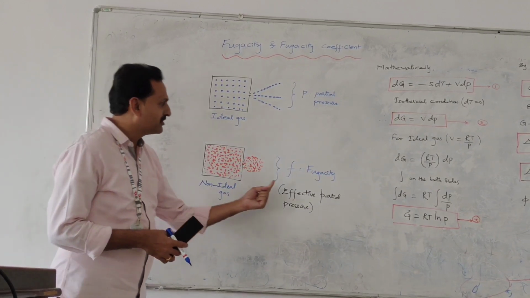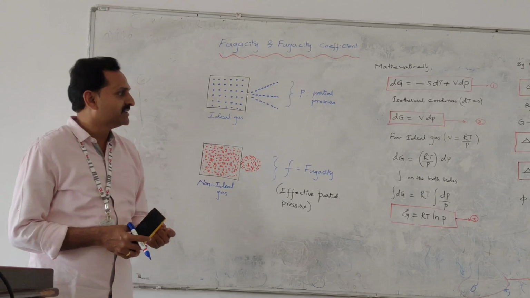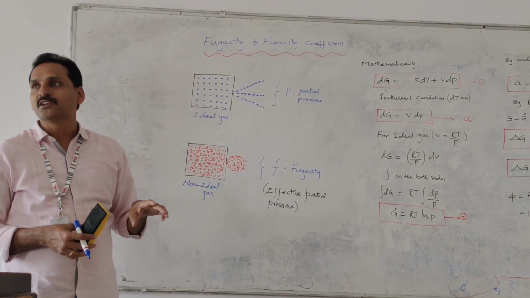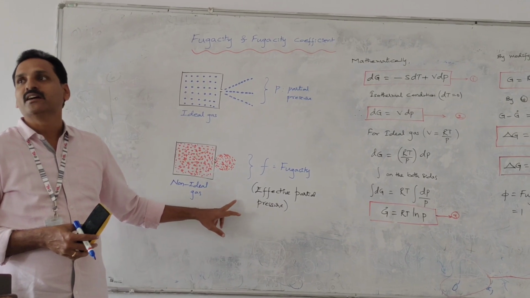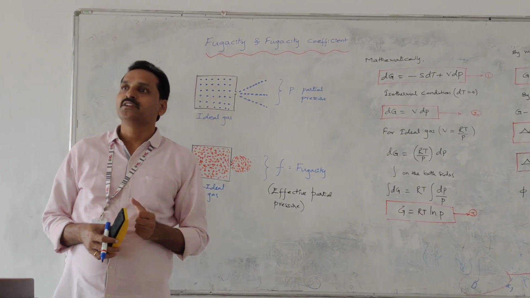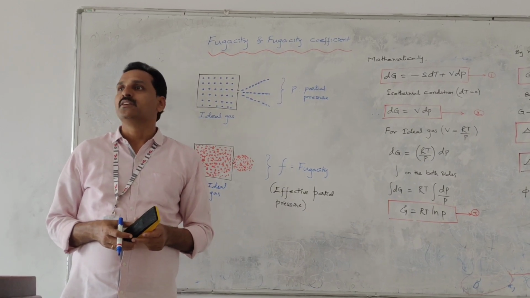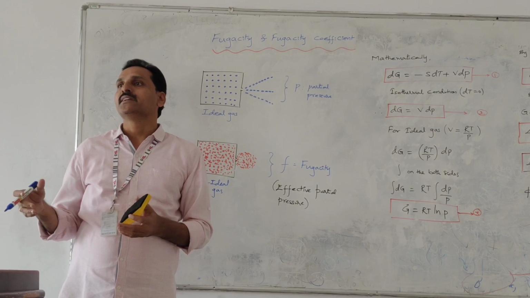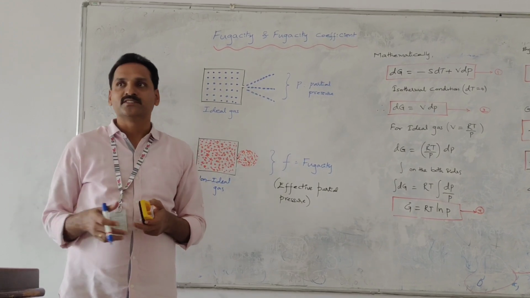That's why fugacity was introduced in thermodynamics to measure the effective partial pressure of non-ideal gases such as oxygen, carbon dioxide, sulfur dioxide, nitrogen dioxide, and carbon monoxide. These are all real gases or non-ideal gases.